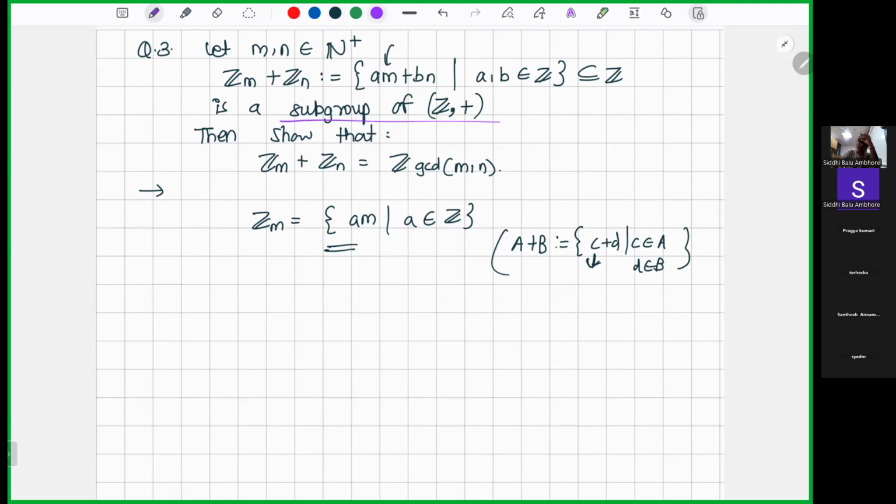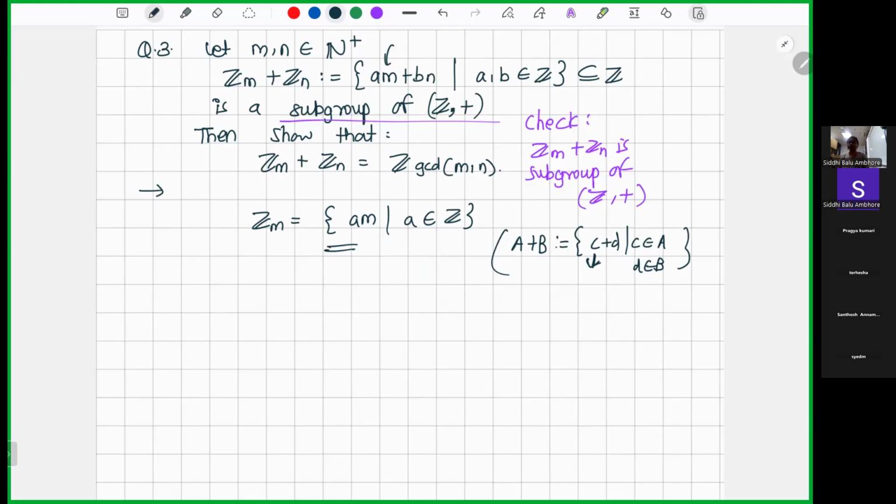You can check that Zm plus Zn is a subgroup of Z plus, because we just discussed how to check a subgroup: you just have to check all the properties.